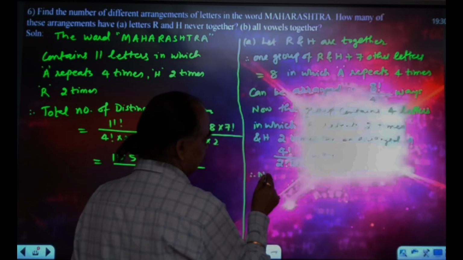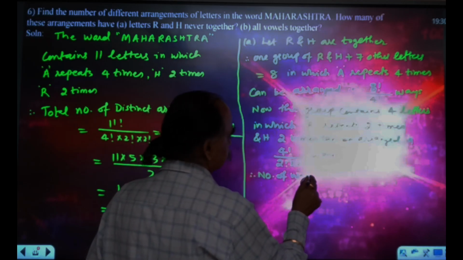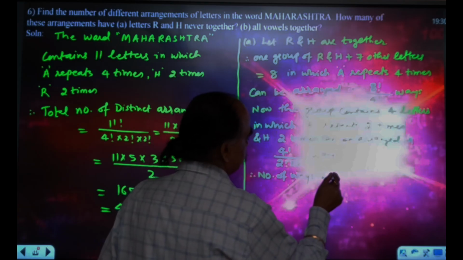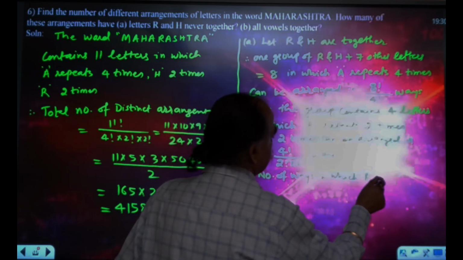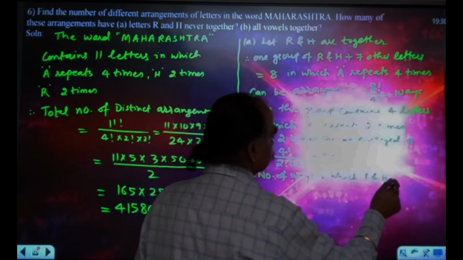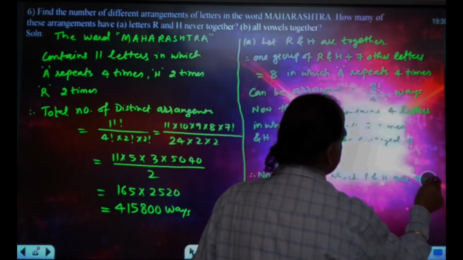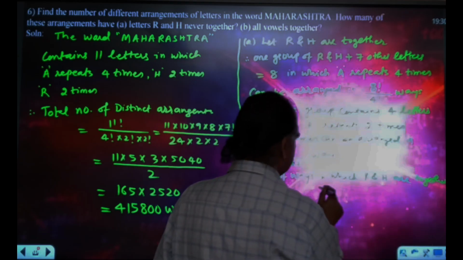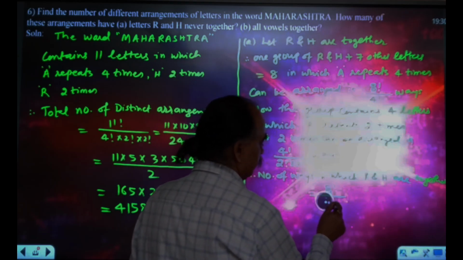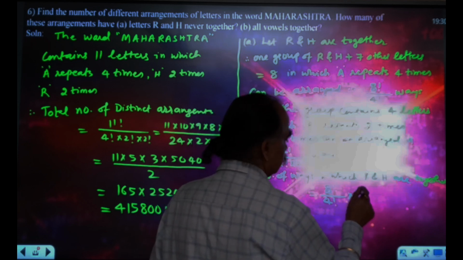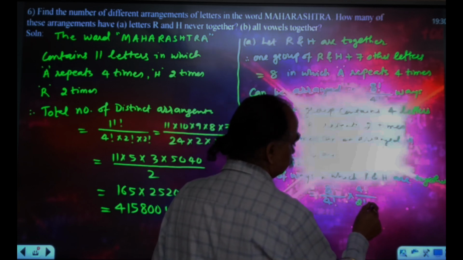So the number of ways in which R and H are together is equal to 8 factorial upon 4 factorial into 4 factorial upon 2 factorial into 2 factorial.